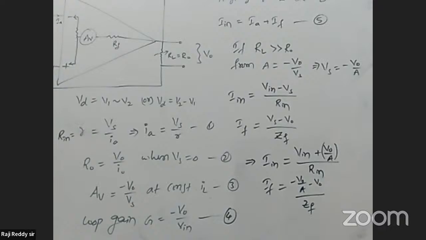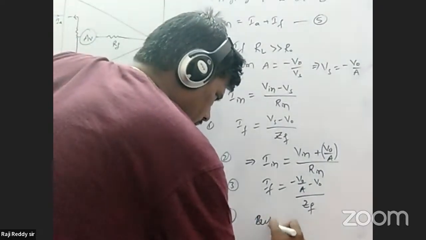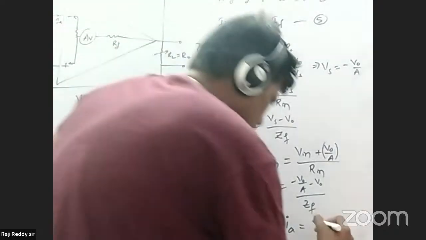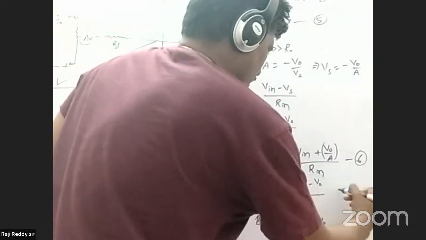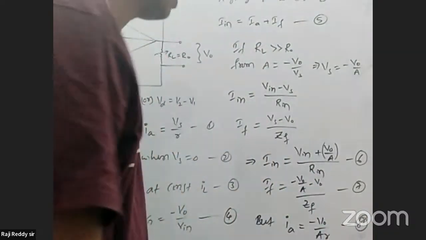Then IA into R is equal to output voltage V naught by A. From here IA is equal to V naught by A into R. The gain comes negative; when negative feedback is taken, a minus sign comes. This is rough work, but IA is equal to minus V naught by A into R. Call this equation 6, this equation 7, this equation 8. Equations 6, 7, 8 you can substitute in equation number 5.